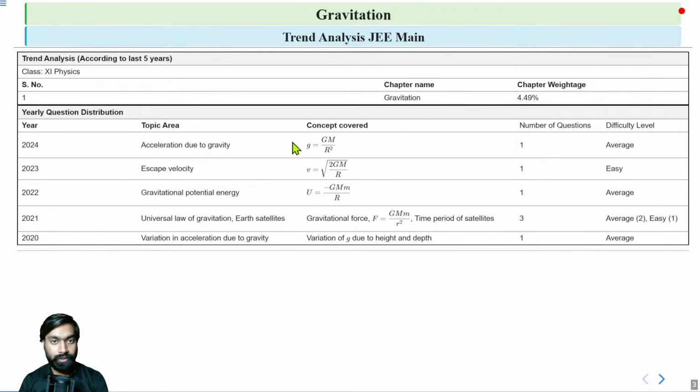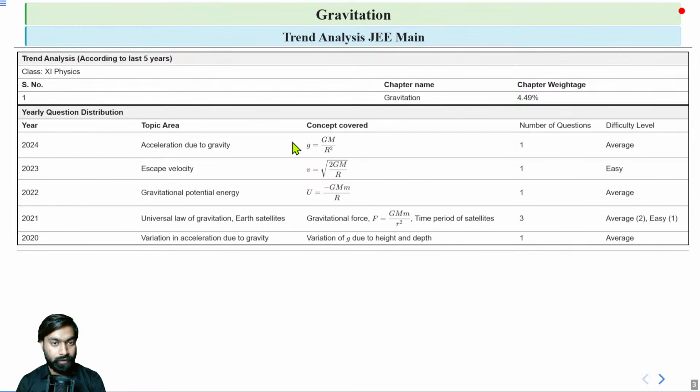Similarly, in 2023 a question was asked from escape velocity, number of questions 1, and the difficulty level was easy. In 2022 a question was asked from gravitational potential energy, number of questions 1, and the difficulty level average.